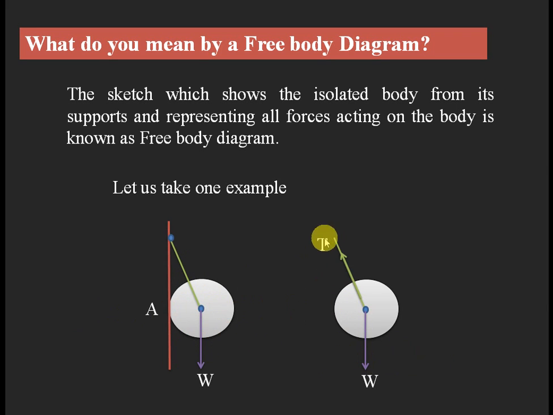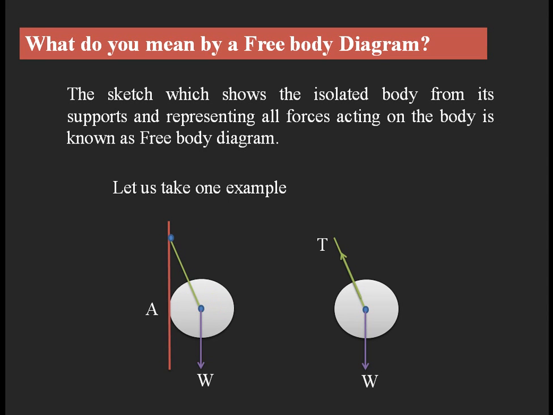Before that I want to show you the tension force. Whenever it is hung by a string, due to the weight, a certain tension will be applied to this string, and that will be acting upward. Whenever any object is hung by a thread, when the weight is acting downward, there should be a certain opposite action due to the weight.